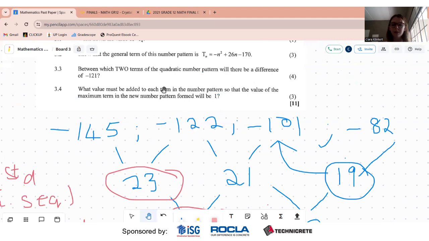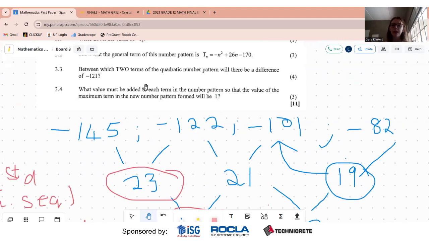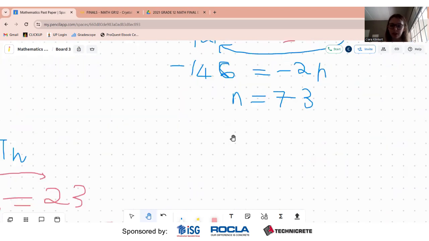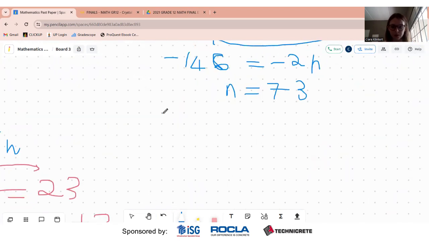So now I know the position in the first difference where I have this negative 121. But it asked me between which two terms of the quadratic number pattern will there be a difference of -121? So let's have a think here. Let's say I have T1 of my quadratic sequence, T2, T3, and T4.